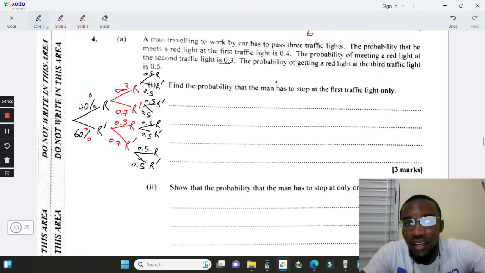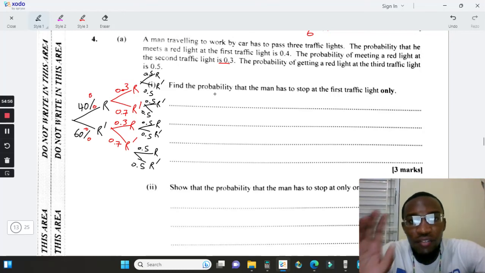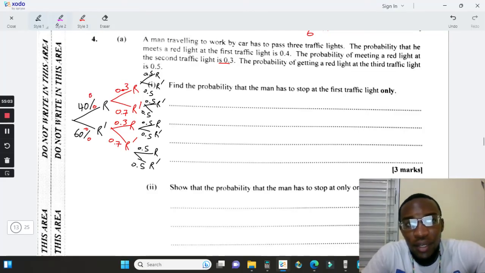Now it says find the probability that a man has to stop at the first traffic light only. If the man has to stop at the first traffic light only, what we're trying to find is the probability that he gets red and then not red, not red.